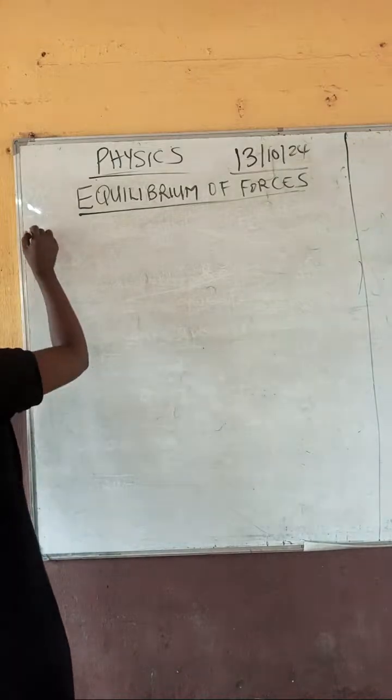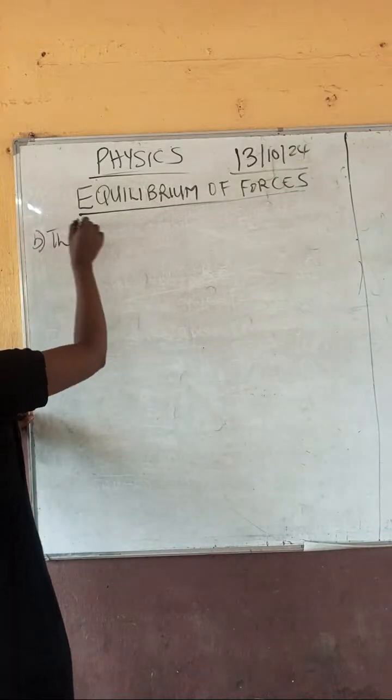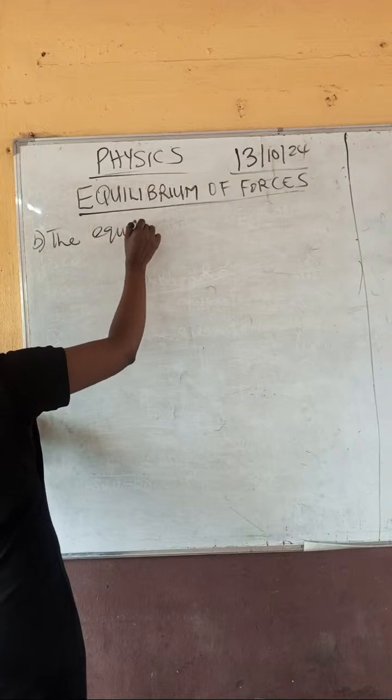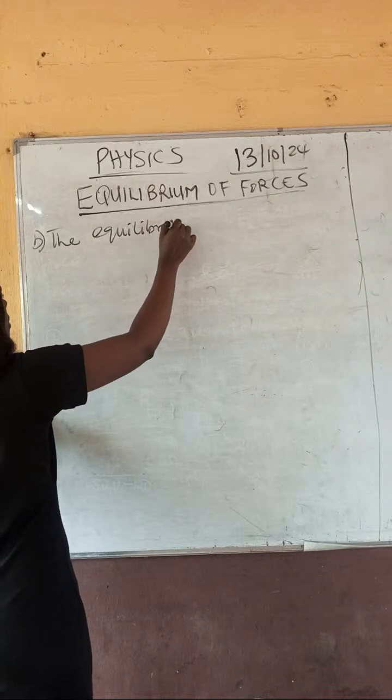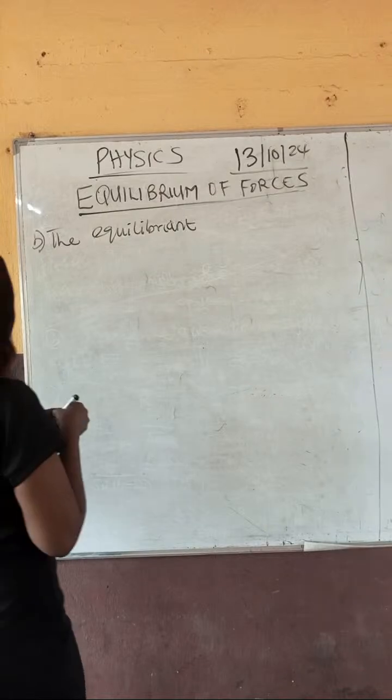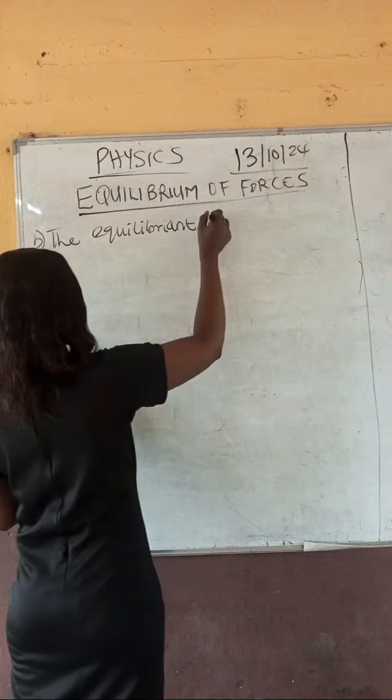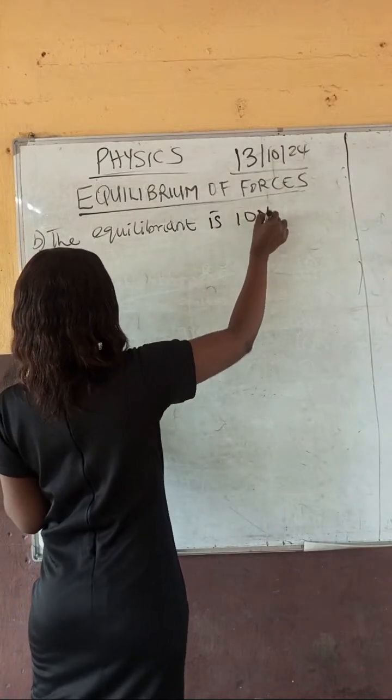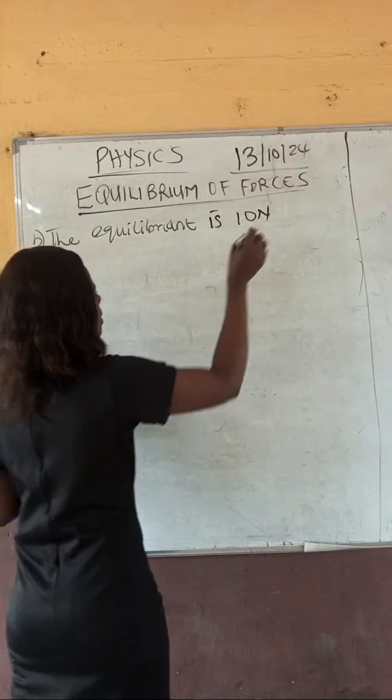Okay, so for part B, we can say the equilibriant force is 10 Newton, right?